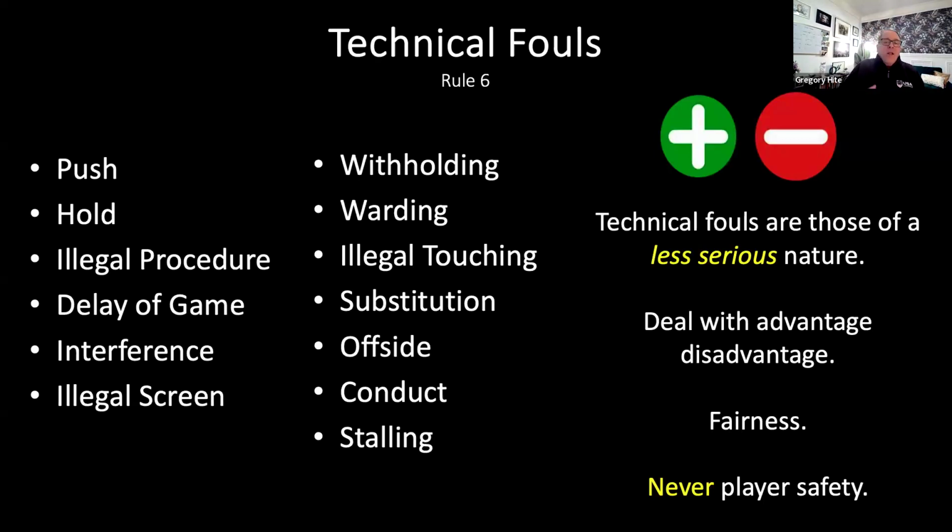We are not worried about safety. So the two things you need to put into your brain are when you see a play and you think, wow, that doesn't look right, are you worried about their safety or are you worried about whether that was fair or not? If you're worried about whether that was fair, it's a technical foul. If you are worried about whether it was a safety issue, it's almost always a personal foul.